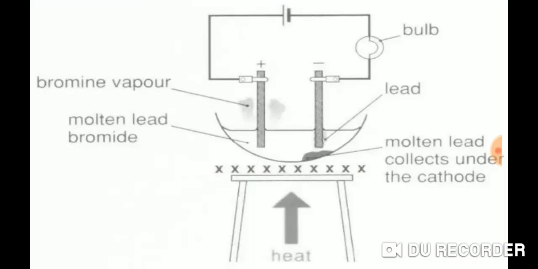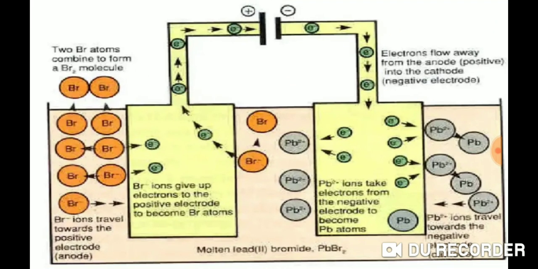So this is the diagram. You can see here we are getting bromine vapors at the positive electrode, whereas at the negative electrode the molten lead collects under the cathode. So this is the electrolysis of lead bromide.